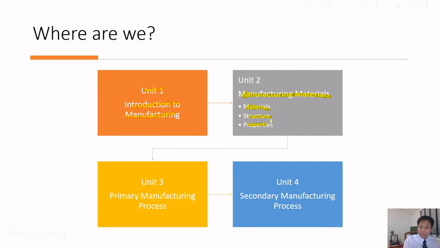Last week we learned about the primary manufacturing process, because in manufacturing we get the original resources from nature. For example, metal products come from metal ore, and we convert metal ore to a primary manufacturing product, which is metal like sheet or metal roll.